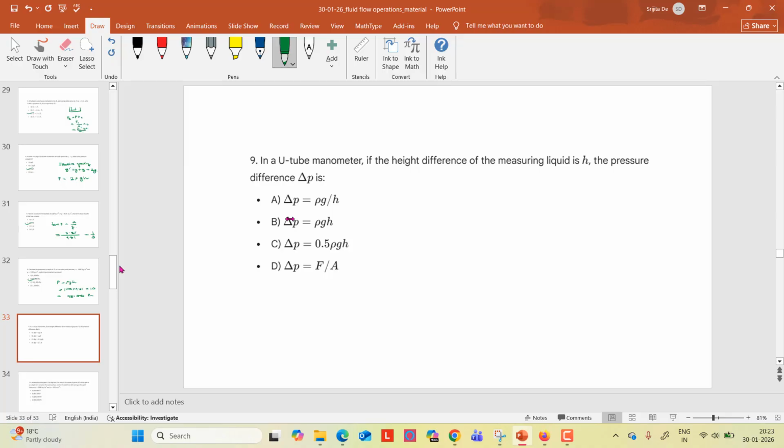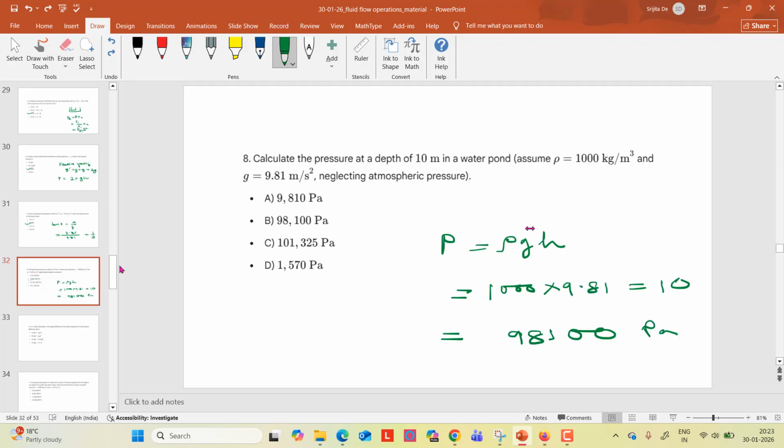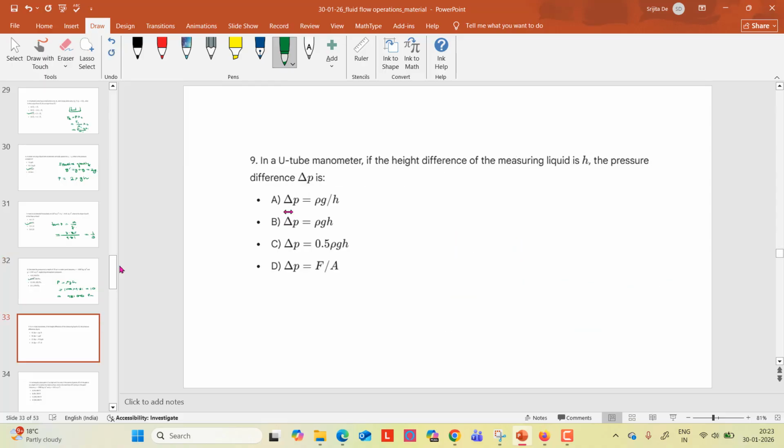In a U-tube manometer, if the height difference of the pressure measuring liquid is h, right?